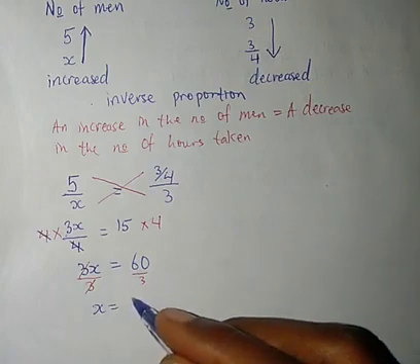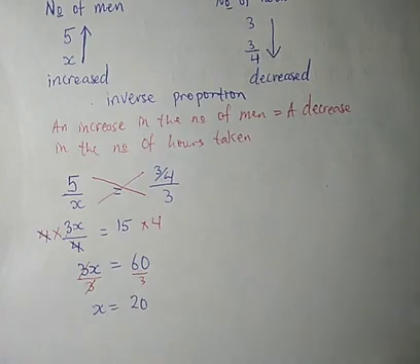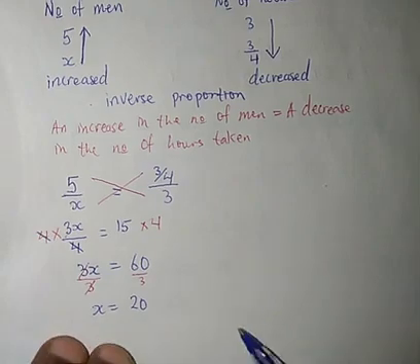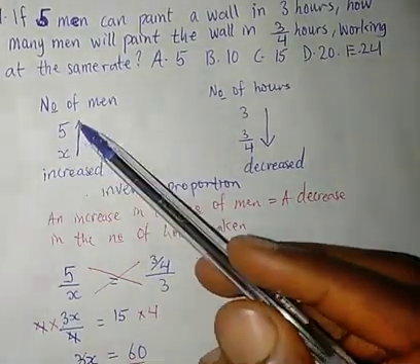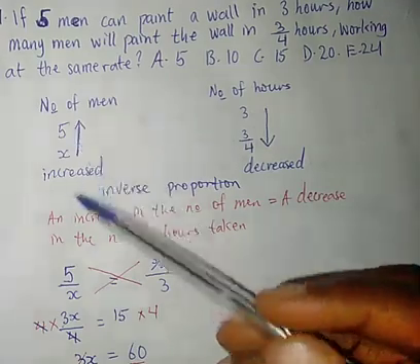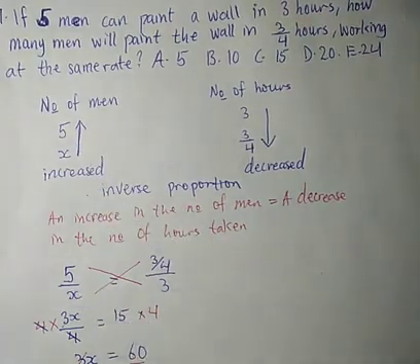That is 20. So before we shade the final answer, there's a thing I want you to know: don't be confused by this arrow. We say that we have the arrow like this from x to 5, but we wrote 5 over x. It's still the same thing. We can also do it that way.